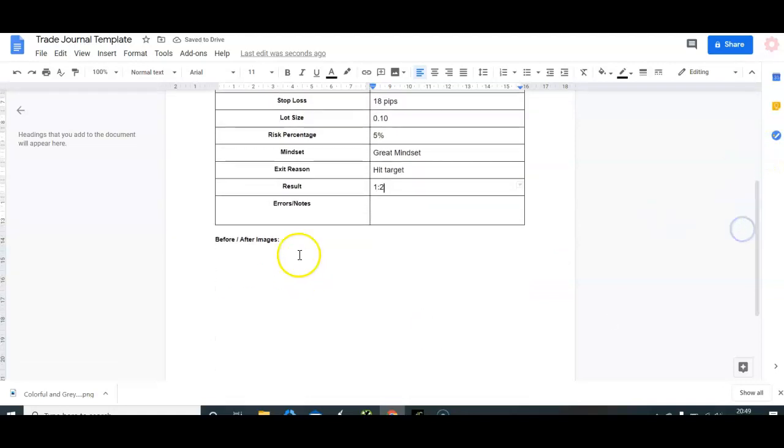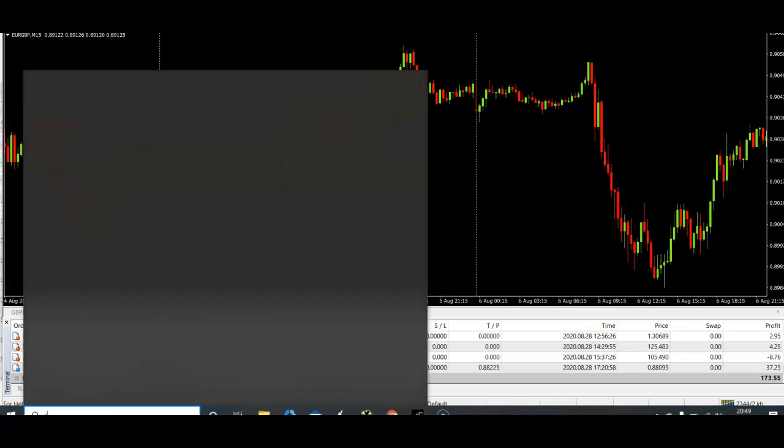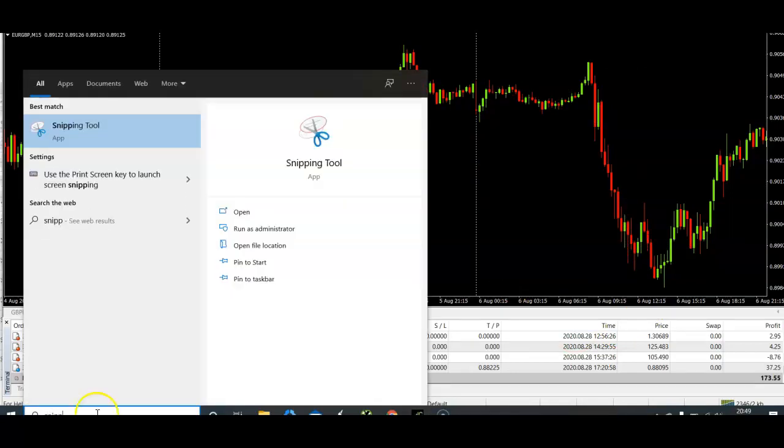You can then see here I've got an area for before and after images. So generally what I would do in order to insert that is to come over here to a chart, and then normally I would have my markings on here. So let's say that I've got into this trade here, and I would draw an entry line and my exit lines so I had an idea of what the trade looked like. And then just come over and use the snipping tool.